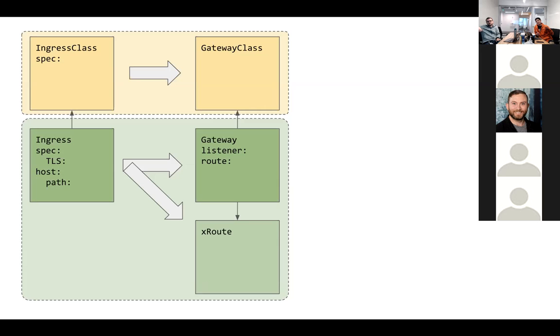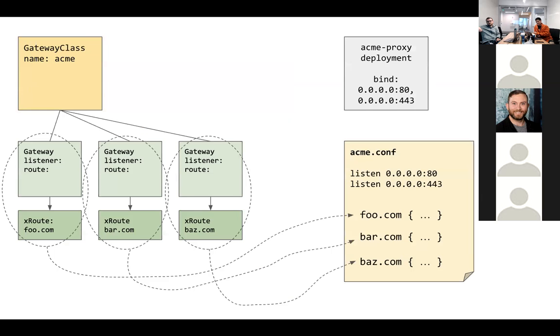The Ingress object itself, because we wanted to get this RBAC permission model and make it more fine-grained to have delegation and so forth, we've broken into a Gateway, which has a listener, and a list of routes associated with it. And continuing the analogy, Gateway class maps to the infrastructure, and the Gateway plus the routes map to the user intent.